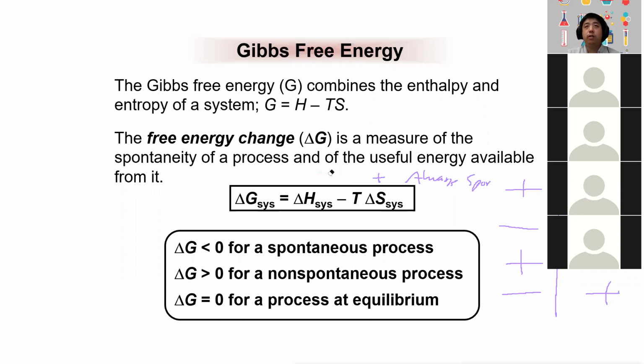Now with that said, I'm going to go ahead and just erase this. Let's try another scenario. Now let me flip the scenarios on you. This is positive, this is negative. What is happening here? What can I say delta G will always be?